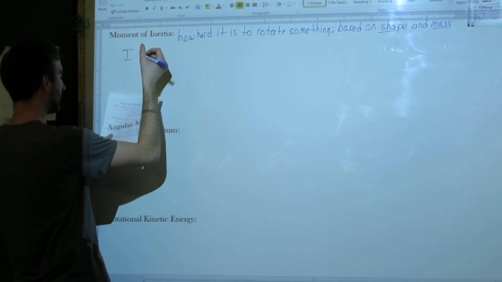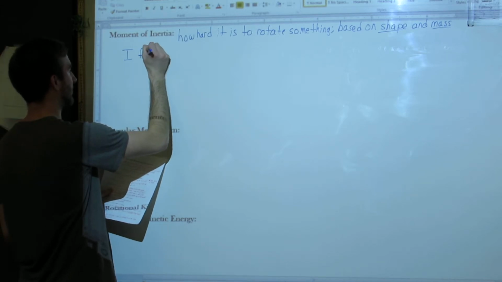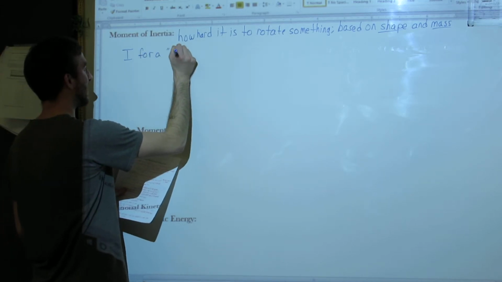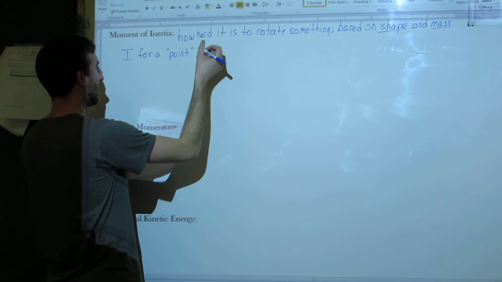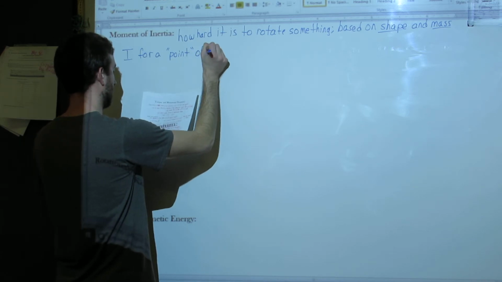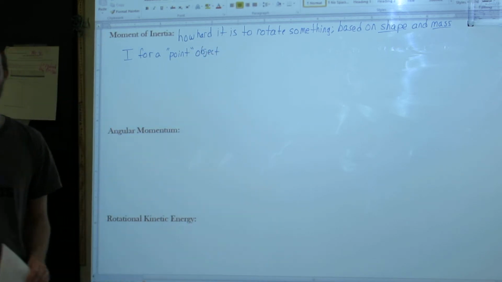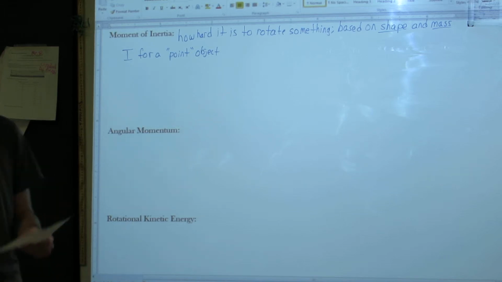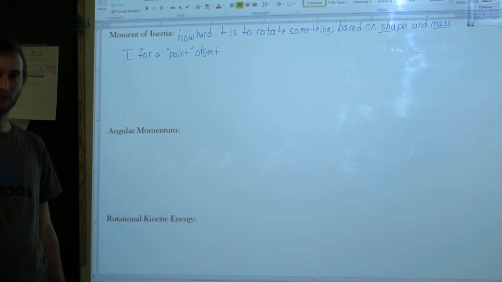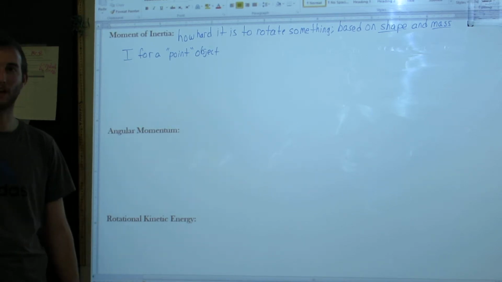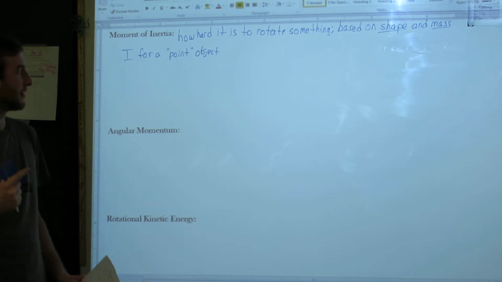Let's talk about the moment of inertia for a point object. This is an object that you can treat as essentially one little point in space. A point itself doesn't rotate, okay? Think of an electron. Electrons don't rotate, they don't spin around.